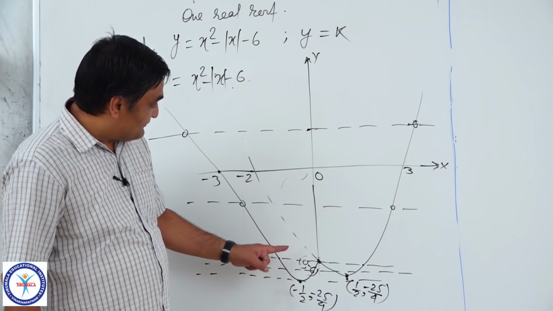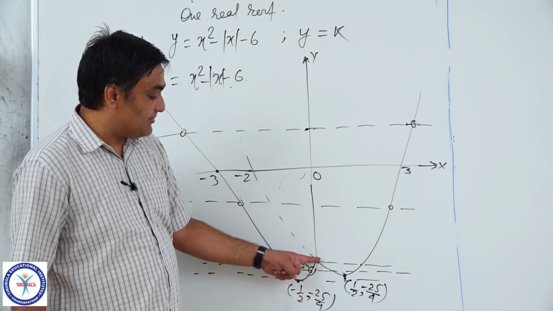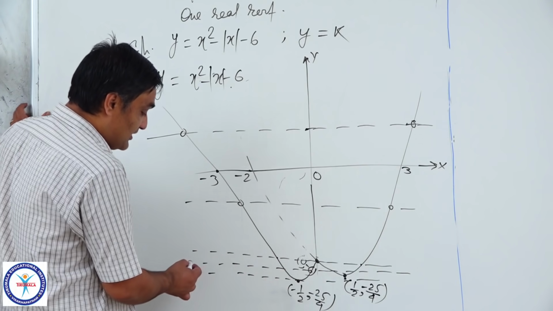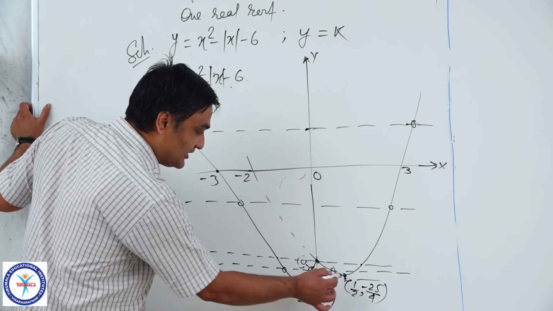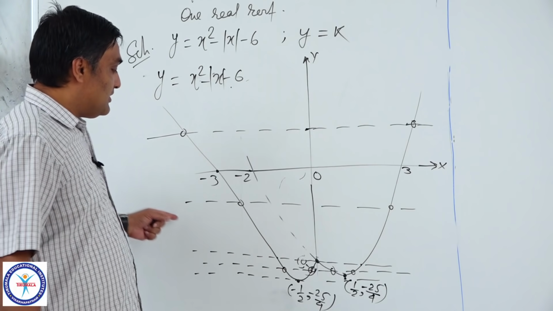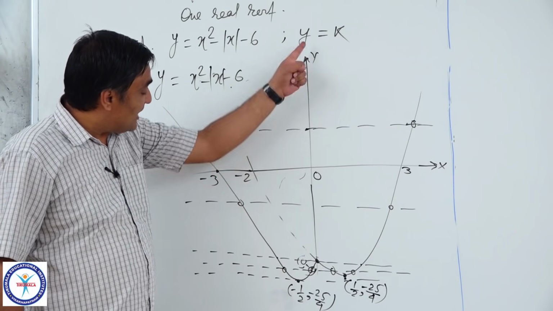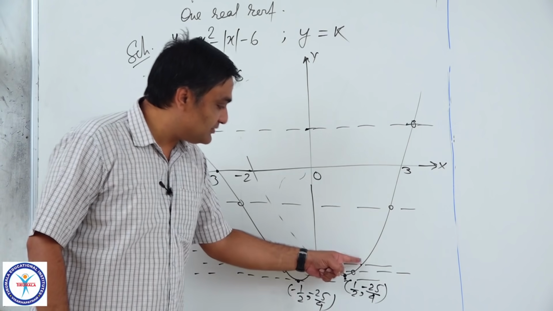If k is between minus 25 by 4 and minus 6, then how many common points? 1, 2, 3, 4. So there will be 4 roots. If k is minus 6, how many common points? 1, 2, 3.